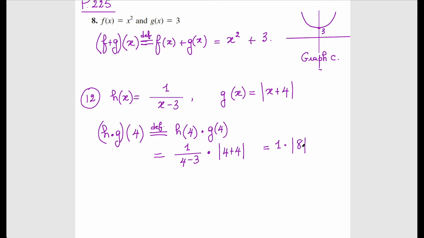The absolute value of 8 is 8. 8 times 1 is 8. Okay? So the image of 4 under the product function h times g is equal to 8. Okay? Alright, so now back to the book.